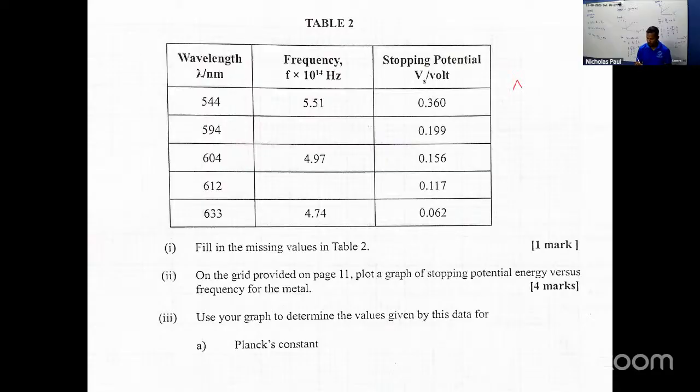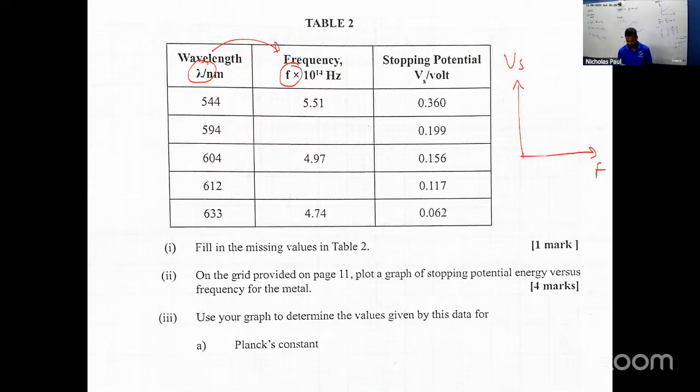The graph that we have to plot is stopping potential versus frequency. Right? That's the graph we have to plot. So I want you to linearize the first formula I gave you, so you know what the gradient and the y-intercept are. Next, if you want to find frequency and you have wavelength, what's the formula linking both of them?